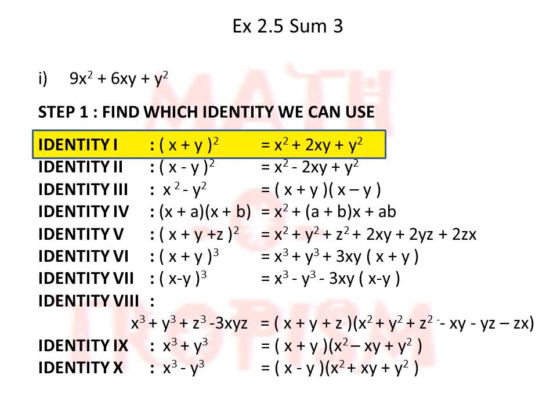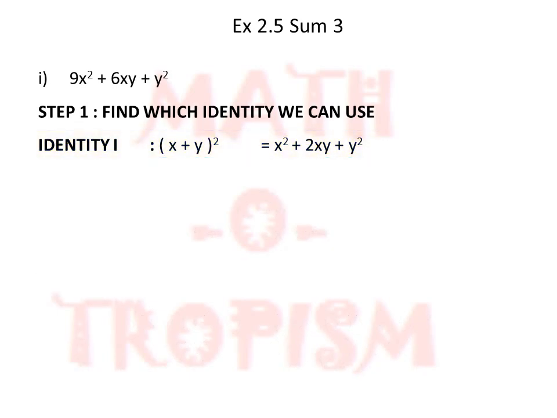This right hand side of the identity is similar to the sum which has been given, each having 3 terms, with the first and the last term being square terms and the middle term being the multiplication of the two variables. So I have identified identity 1 as the one with which I am going to do this sum.